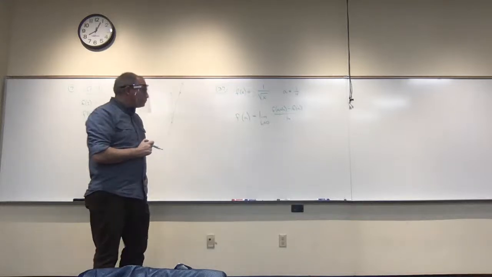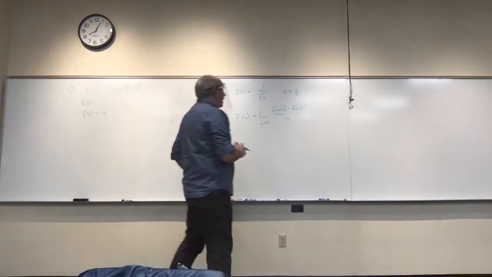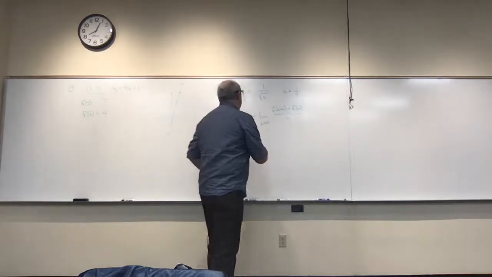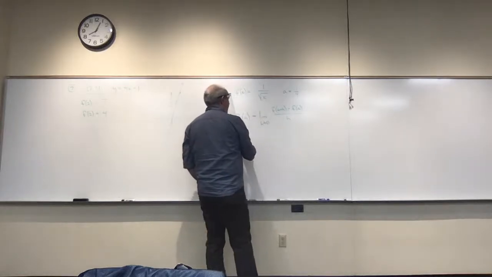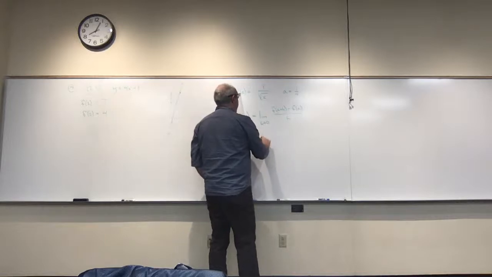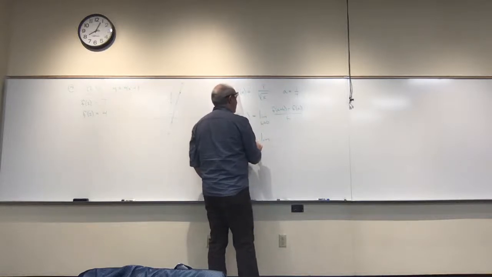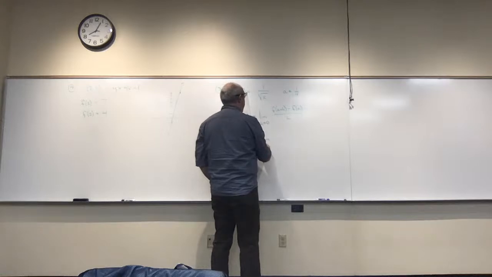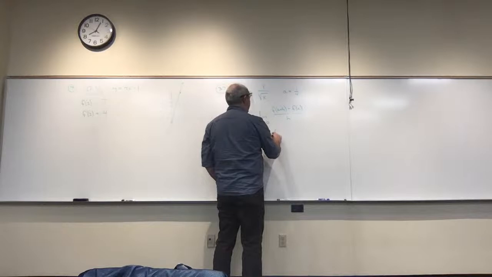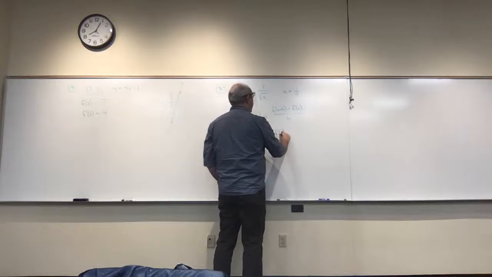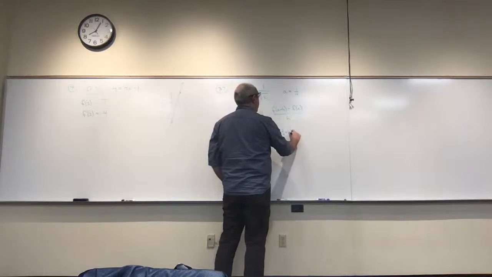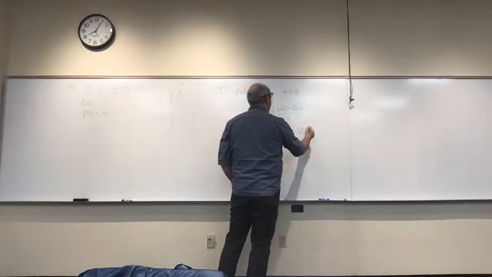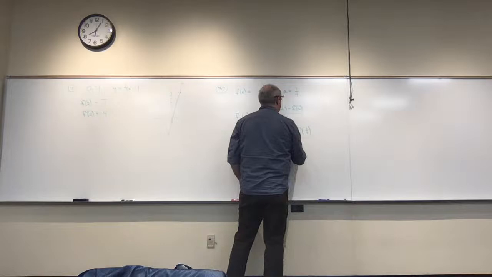Okay, so we know what a is. It's 1/4. So we could write that f prime of 1/4 is the limit as h goes to 0 of f of 1/4 plus h minus f of 1/4, over h.